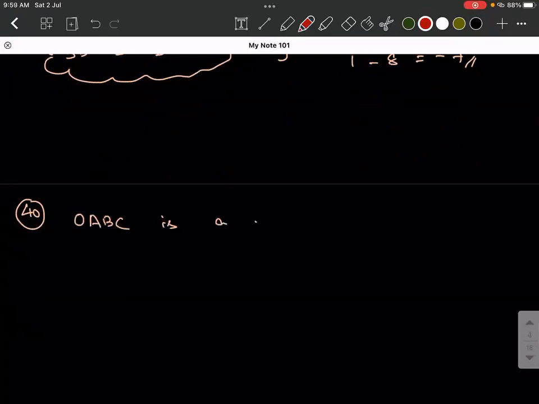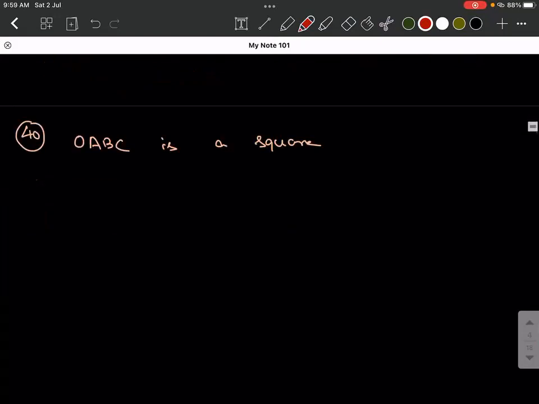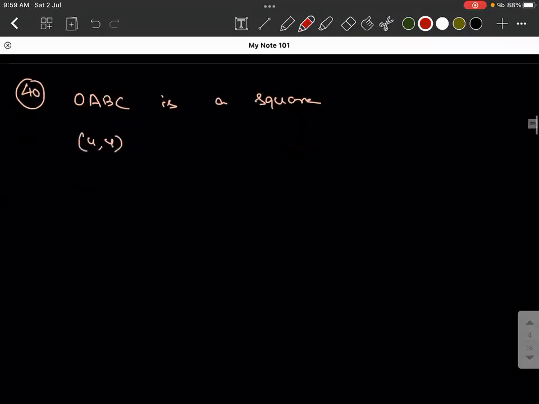OABC is a square. Coordinates of B is 4, 4. Now you can do it, no?